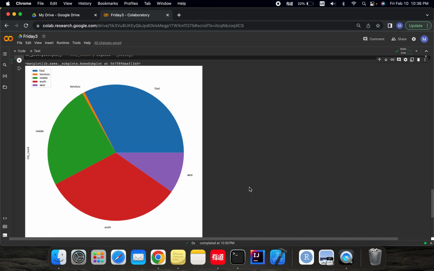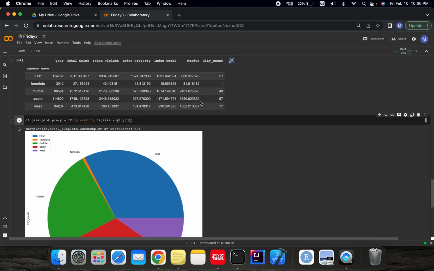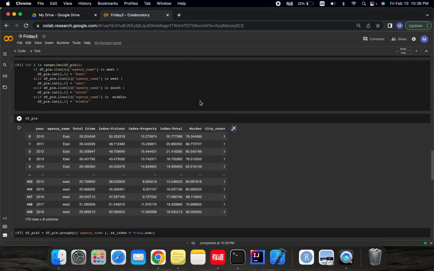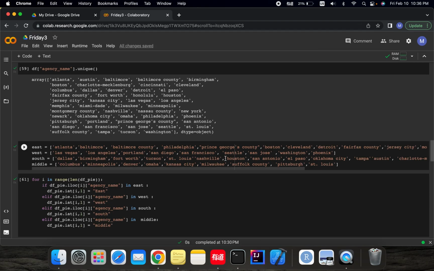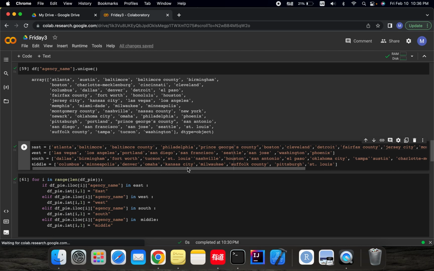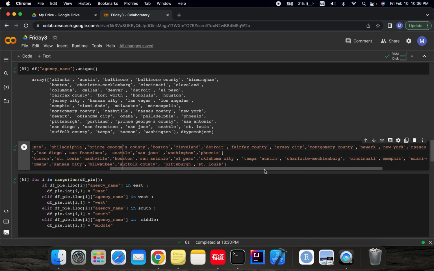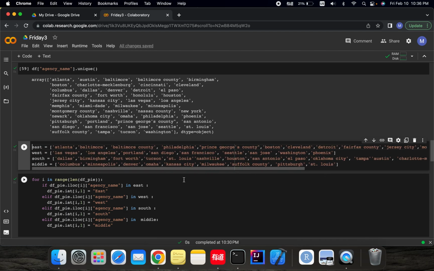The problem is, even though in these charts east cities and south cities definitely have more years of records than other parts, you can look here, in total groups, there are more east cities in this group, and there are more south cities in this entire data set than west and the middle.